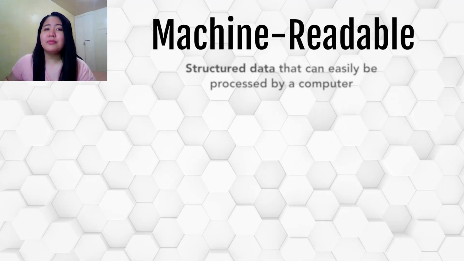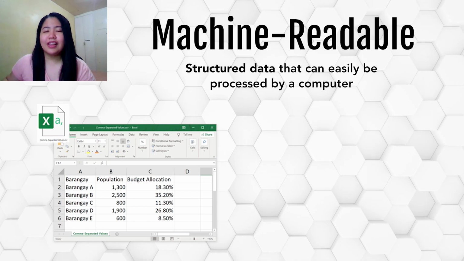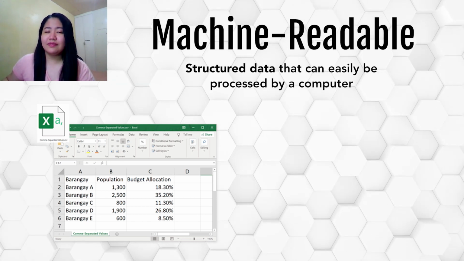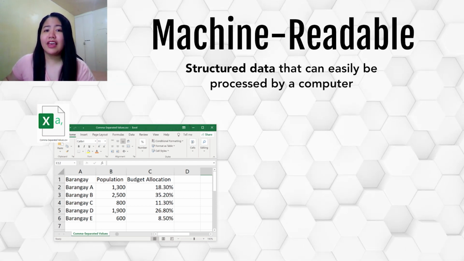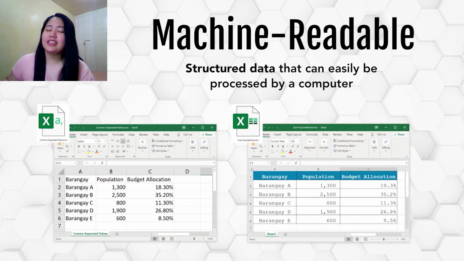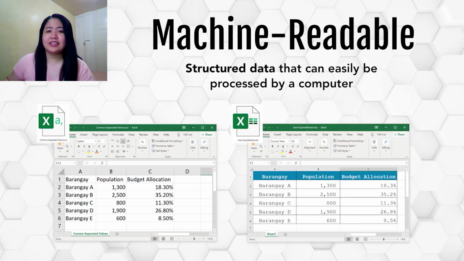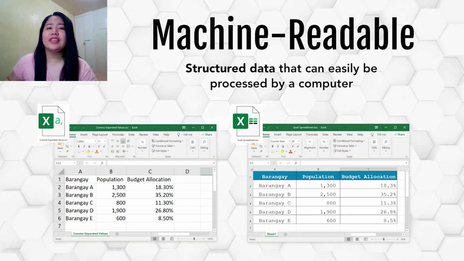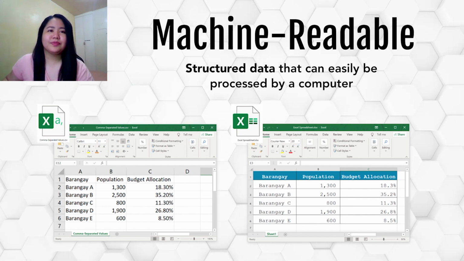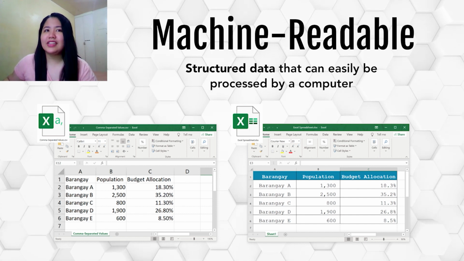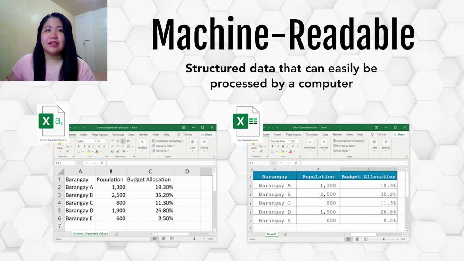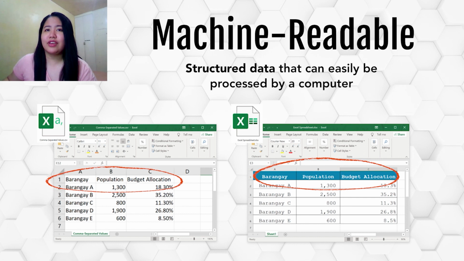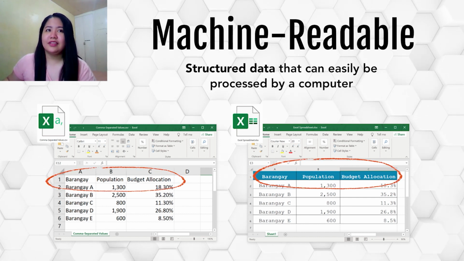First, we have comma-separated values with a file extension of .csv, and then we have Excel spreadsheet with a file extension of .xlsx. Both of these files are by default opened in Microsoft Excel. As you can see, they contain the same data. They contain the budget allocation of City 1.